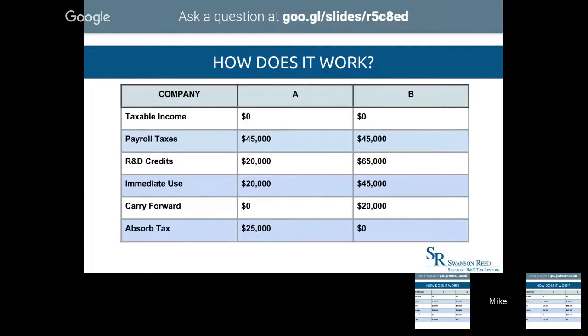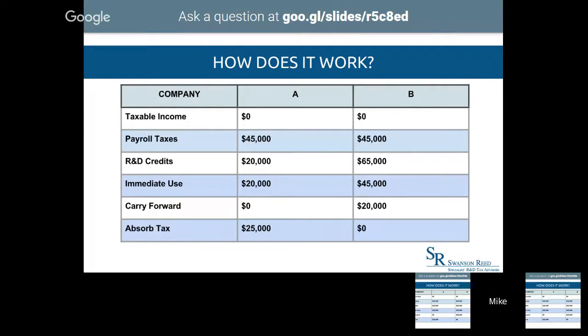Okay, how does this payroll tax work? Say that you've got two startup companies that still don't have any income. Both of them, company A and company B, have zero income. Say that company A had payroll taxes, again, employer portion only, of $45,000, and company B, the same amount, $45,000. Company A had calculated $20,000 in R&D credits. Now let's stay in the company A column and work down through that.